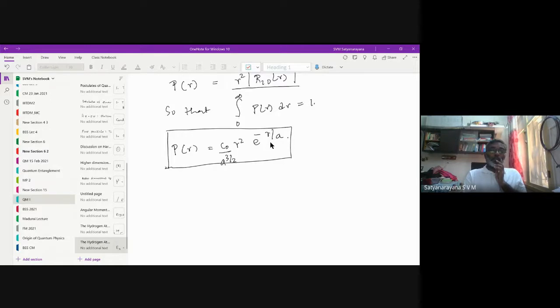Now, if you want to plot this, you ask the question, what is dP by dR? dP by dR is, C naught is 2, right?